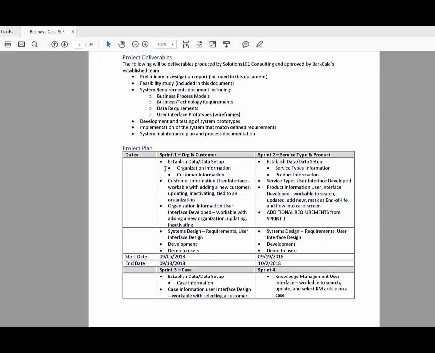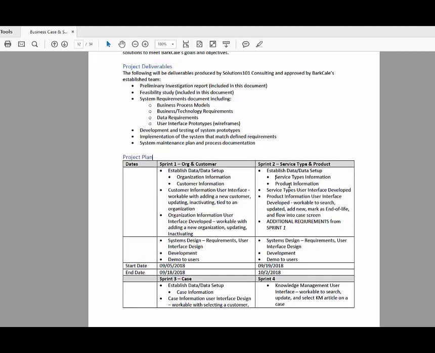Where Agile techniques come into play, and what we used for this example business case, is we broke the system up from its totality into sections. So in the first sprint, we focused on pieces of the project. The main goal of this project was essentially to be able to have customers and users enter cases for technical issues that customers were having.